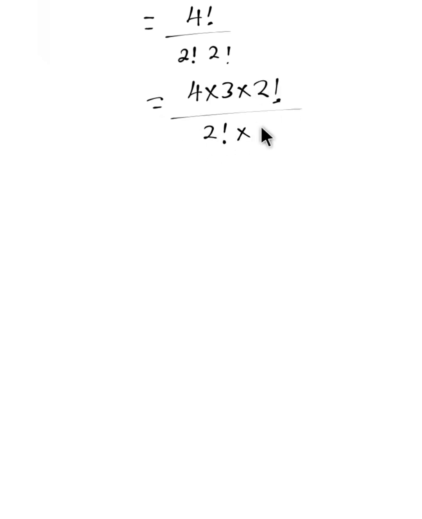Let's simplify further. This is 4 times 3 times 2 factorial. We stop here because we have 2 factorial at the denominator. Of course, 2 factorial cancels 2 factorial. So we have 4 times 3 all over 2. Of course, 2 will go into 4 2 times. So we're left with 6. Hence, there are 6 committees which can be formed when A is the chairman.